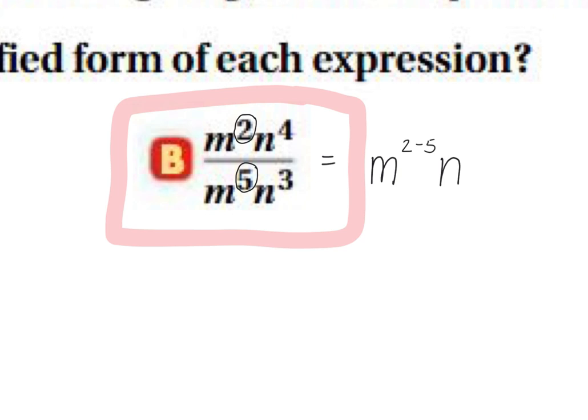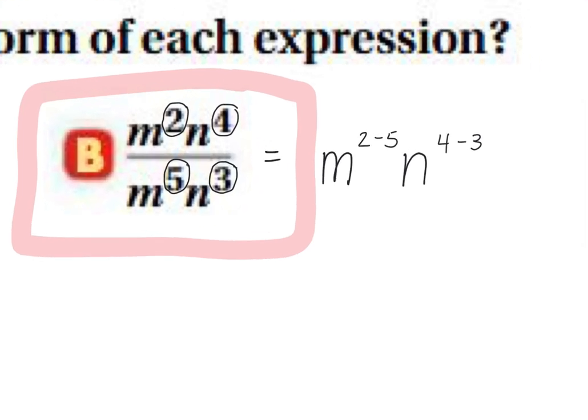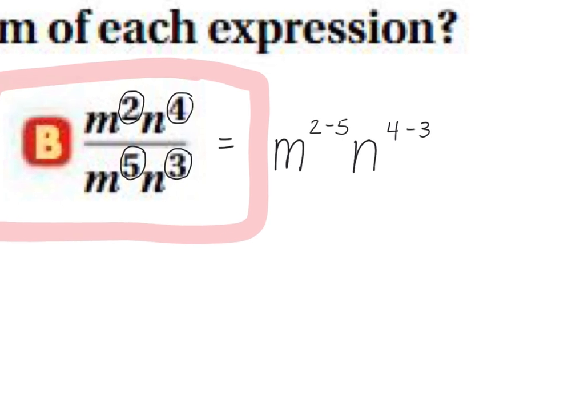Then we're gonna do the same thing for N. So N's exponent in the numerator is 4. So we're gonna take the 4 and we're gonna subtract 3 from it. So this is gonna be 4 minus 3, okay? You guys with me?